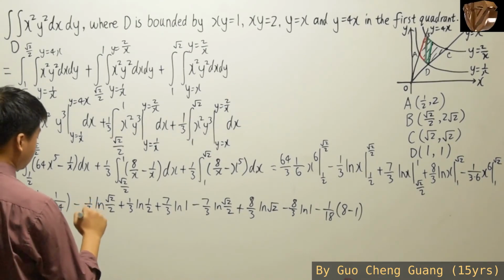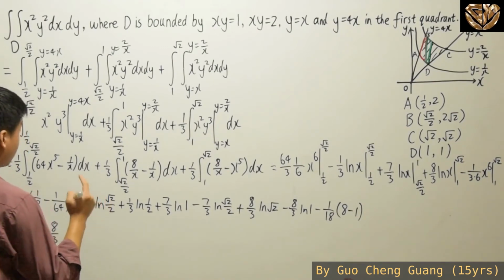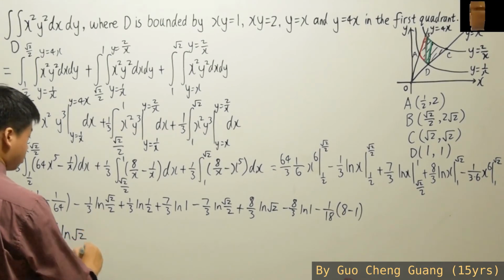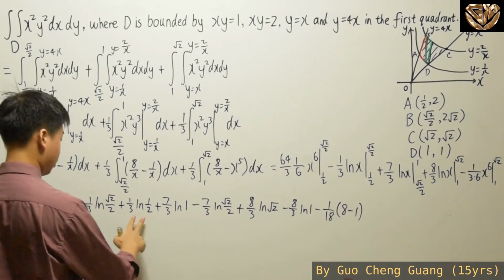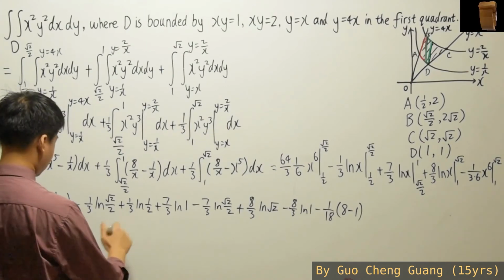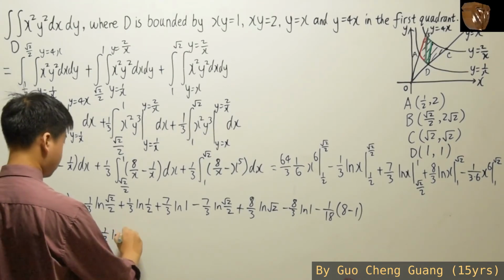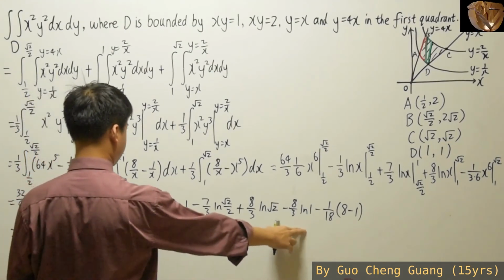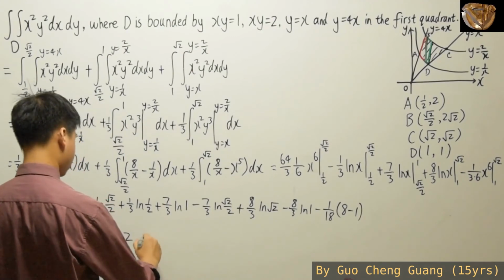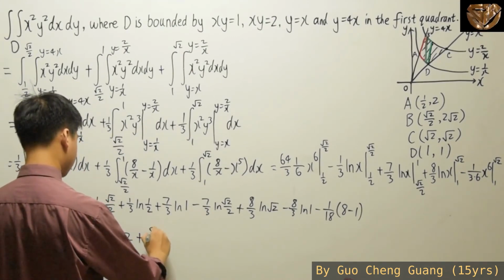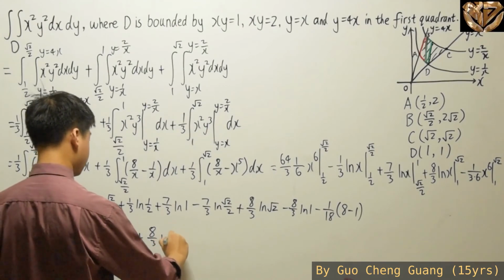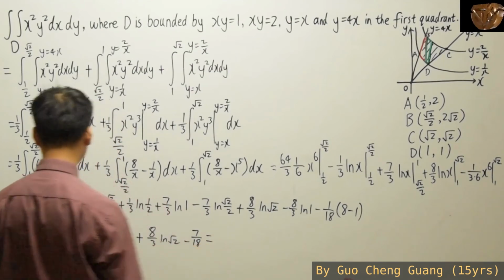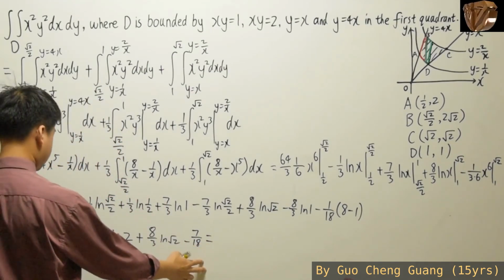So ln 1 over square root 2, using the property of logarithm, you can just change this into ln square root 2. And of course, for this part, you would also be able to change it into ln 2. So ln 1 becomes 0, ln 1 becomes 0, and you will just have plus 8 over 3 ln square root 2. And of course, behind here you have minus 7 over 18. Now this first term and the last term, they will cancel out.